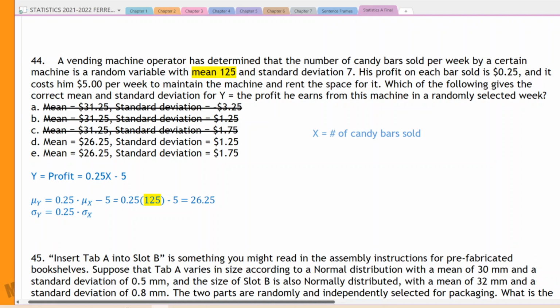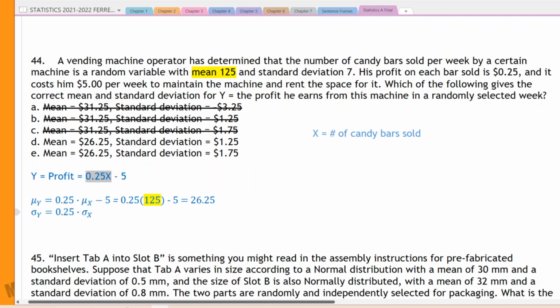Now the standard deviation formula, and this is the place where a lot of people mess up. The standard deviation is not affected by adding and subtracting. So this minus 5 over here, that's not going to play any part in our standard deviation formula. The only thing that affects the standard deviation is the multiplication part, multiplying by 0.25.